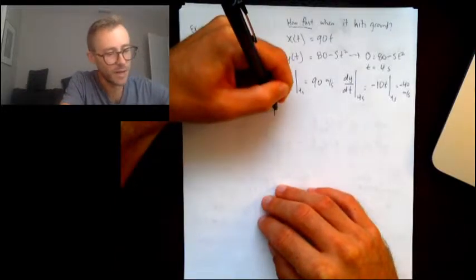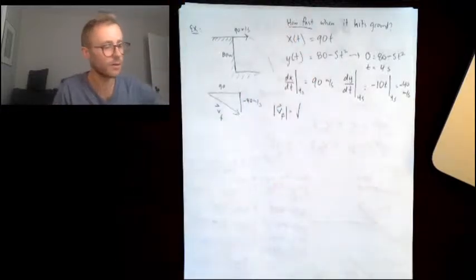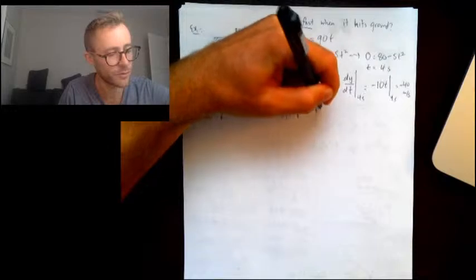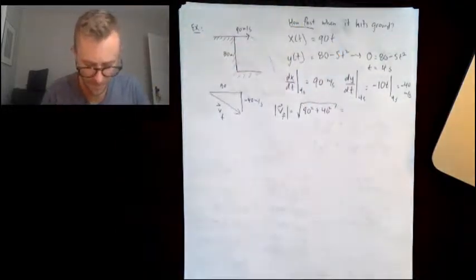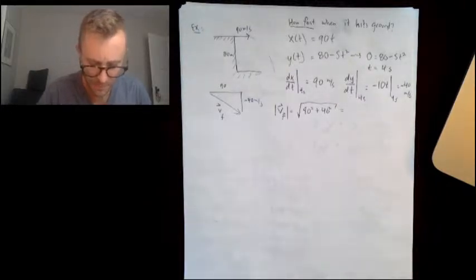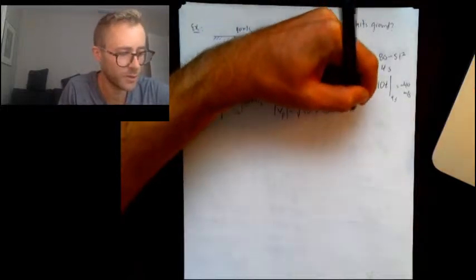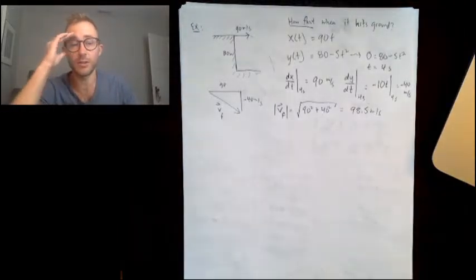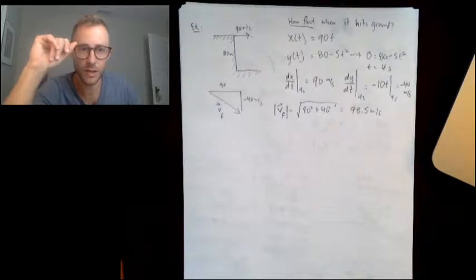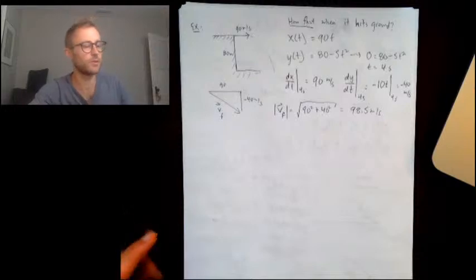So the magnitude of v final is going to be the square root of 90 squared plus 40 squared, which is about 98.5 meters per second. Now, we could, of course, use conservation of energy. If you remember that from last year, we could use conservation of energy to solve this problem, and it would give the exact same answer. But this is a pure kinematics way of doing that.